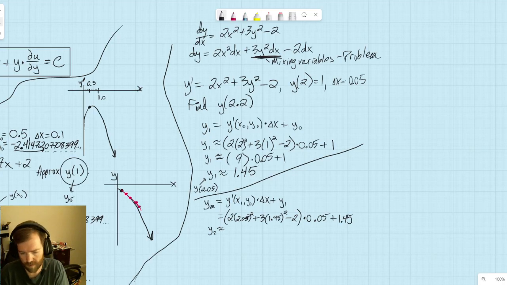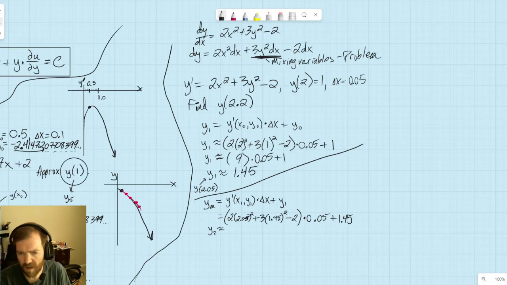So, two times 2.05 squared plus 3 times 1.45 squared minus 2, times 0.05 plus 1.45. 2.085625.